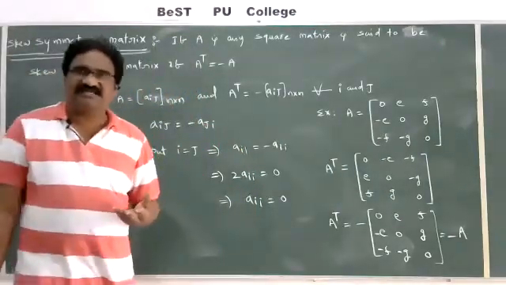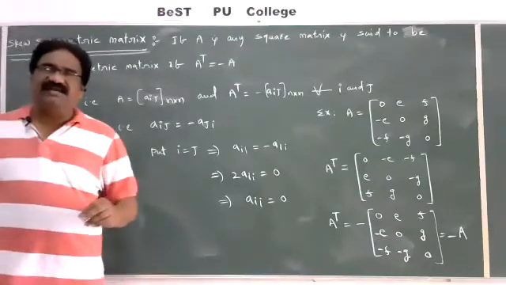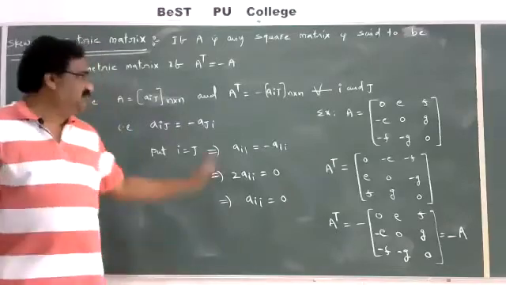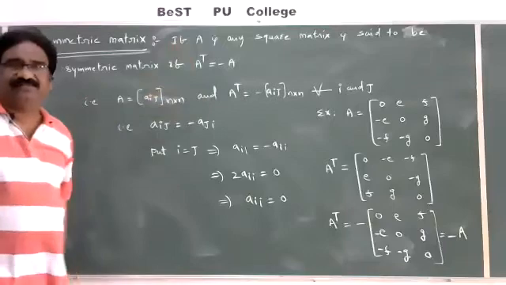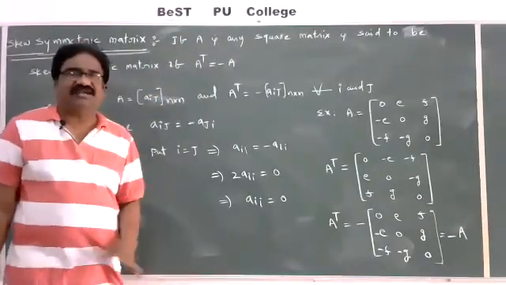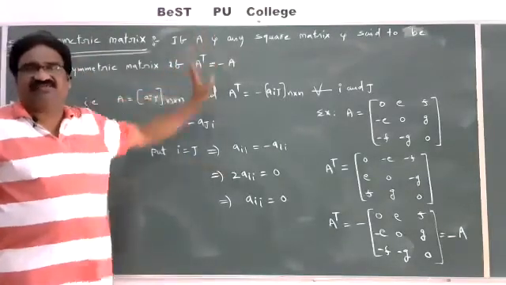So symmetric matrix means A transpose is equal to A. Skew symmetric matrix means A transpose is equal to minus A. This is the mathematical definition and this is the theoretical definition. If they ask what is meant by symmetric and skew symmetric, just write like this. Theoretical definition is enough.